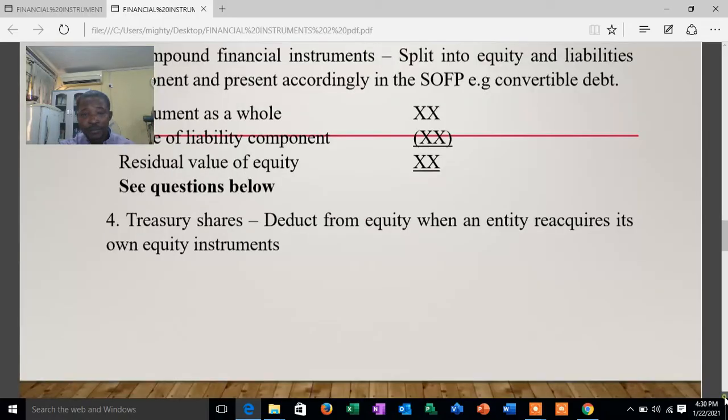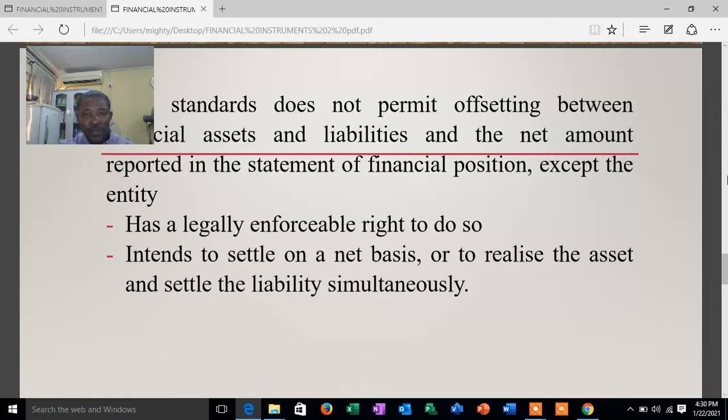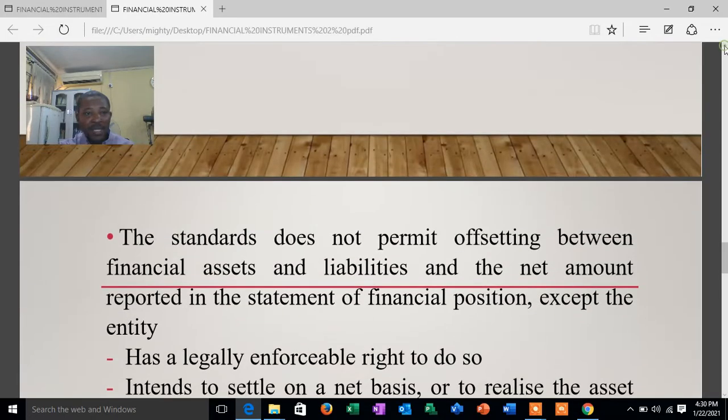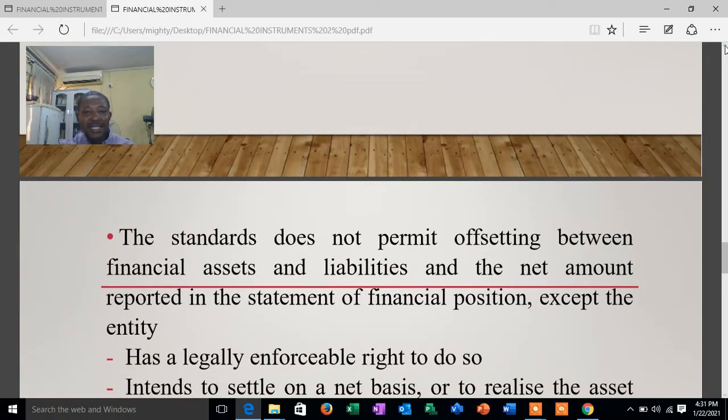And we progress by also saying that, remember we said that the standard tells us how to present financial instruments as either equity or as liability. Then the second part that the standard tries to clarify is that it does not permit offsetting between financial assets and liabilities. You know what offsetting means, so that's very straightforward.